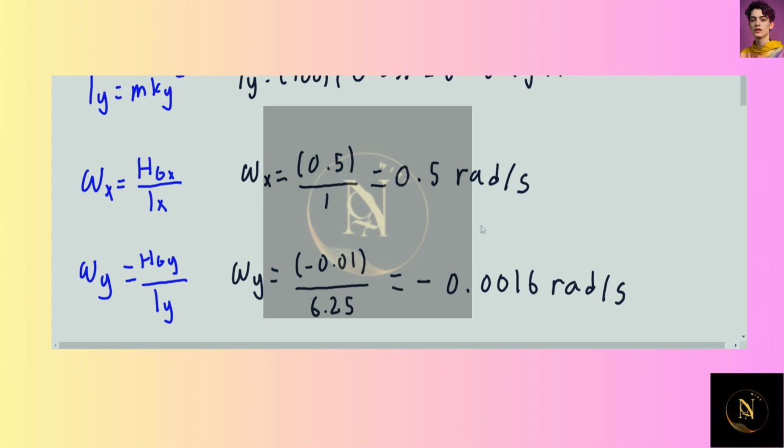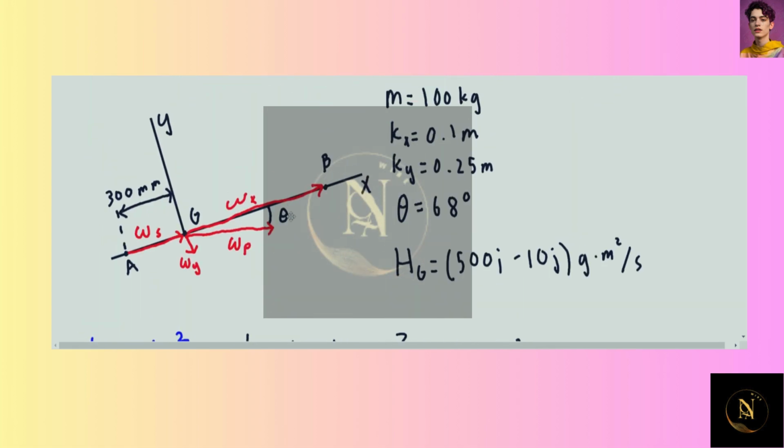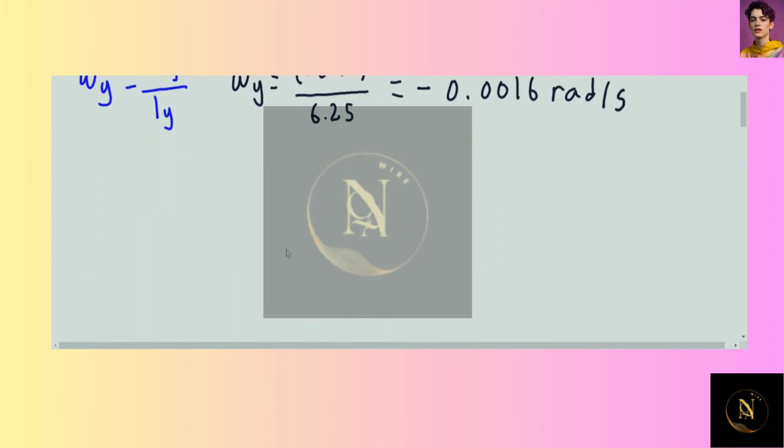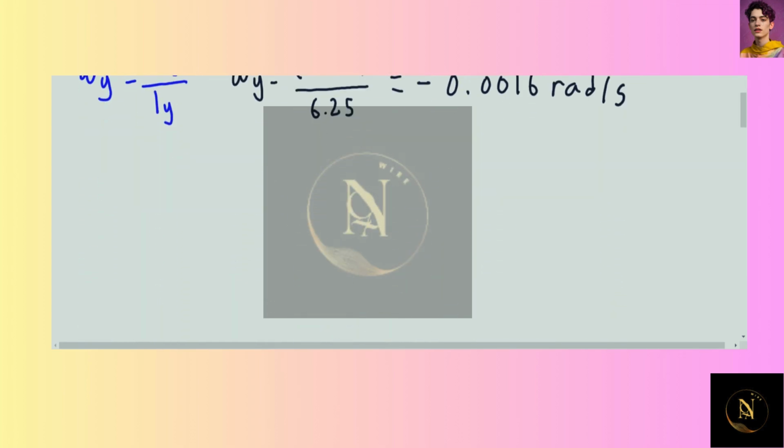Now looking back at the free body diagram, we can see that to calculate this angular velocity, omega p, we can take the y component of the angular velocity and divide it by the sine of this angle. So the angular velocity of the precession is equal to negative omega y divided by the sine of theta.